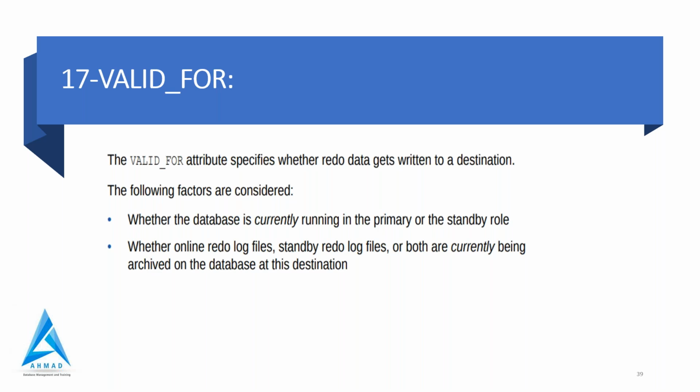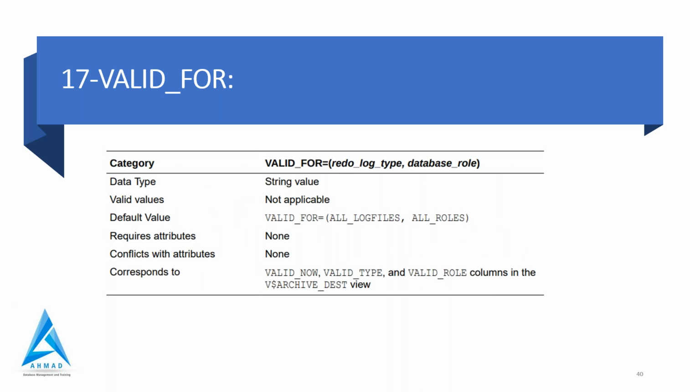So you say valid_for equals (all_logfiles, all_roles). Basically the first value is the redo log type, and the second value is the database role. In v$archive_dest, there are columns valid_now, valid_type, and valid_role, which will tell you about this.